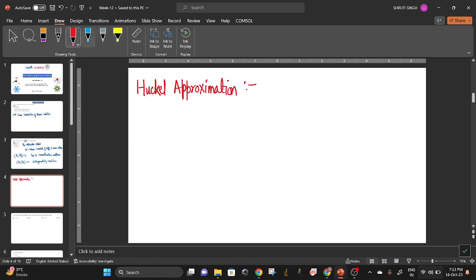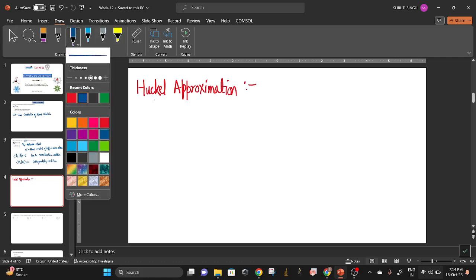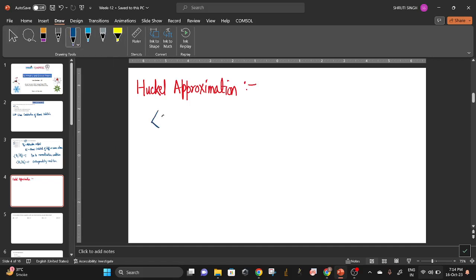This integral of psi 1 is written as H_ii. It may be psi 2, psi 2, or psi 3, psi 3.